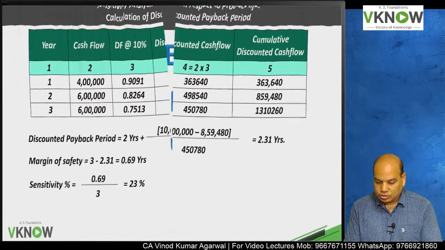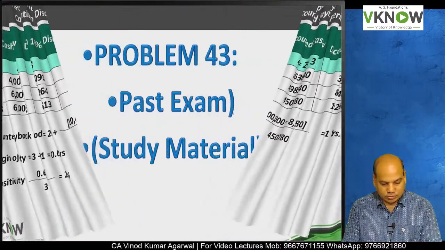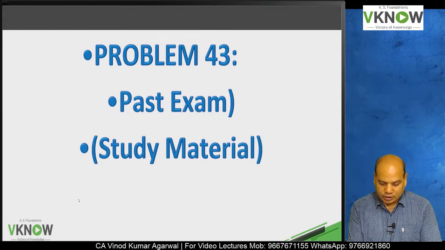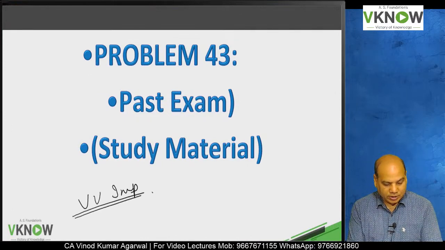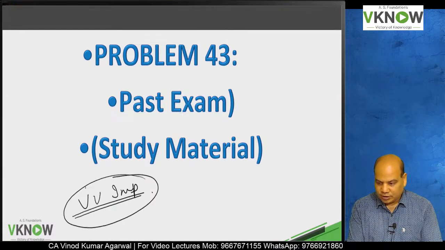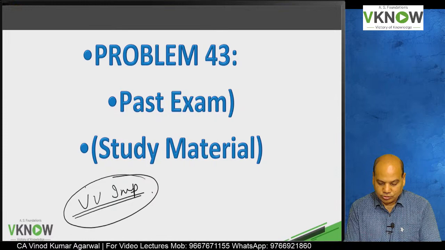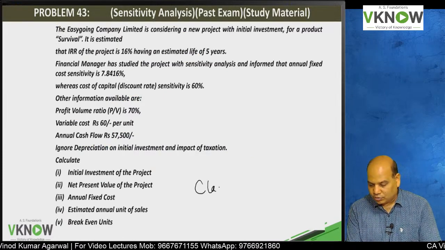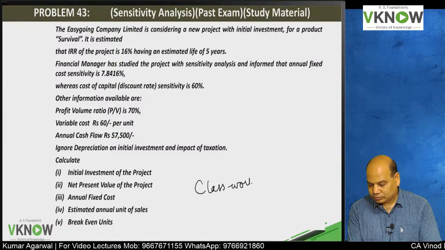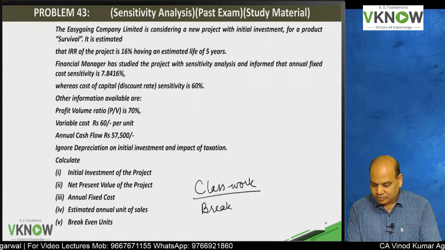So we can now go to next question. 43 exam question. Write down very important again. They have already asked in the past exam of CA final, and it is there in the study material also, so that makes it even more important. So this I will give you classwork, or you can say break time.